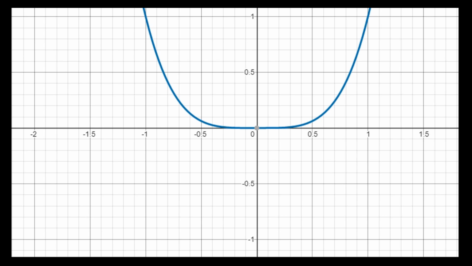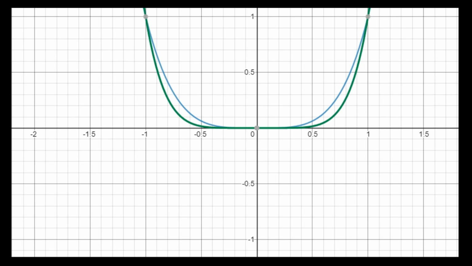We see that the graph is U-shaped, smooth and rounded, continuous, and it is touching the x-axis at origin. Let us try plotting y is equal to x to the power of 6. Again we see that the graph is U-shaped, a little broader U. The graph is touching the x-axis at origin, smooth and rounded and continuous.